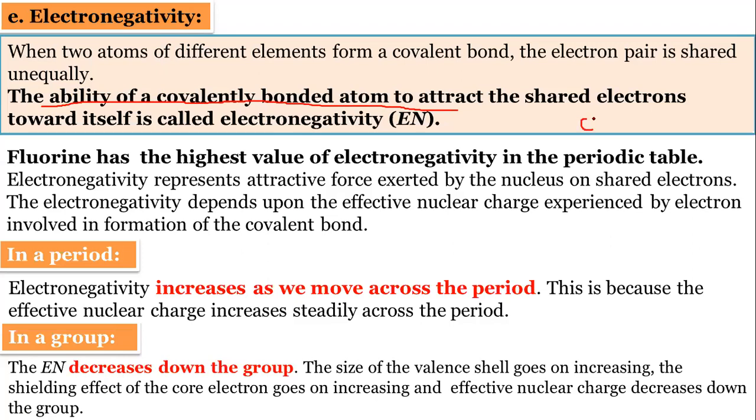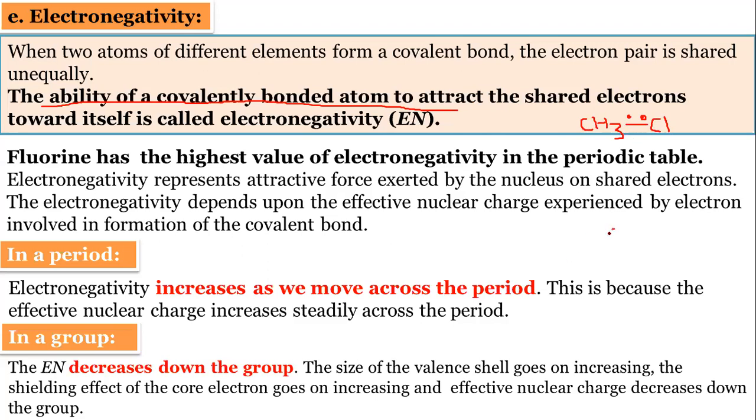Suppose CH3Cl. I will explain with the example CH3Cl. Covalent bond is there. So it is the ability of the covalently bonded atom to attract shared electrons towards itself. Here, an electron pair is shared between chlorine and carbon.